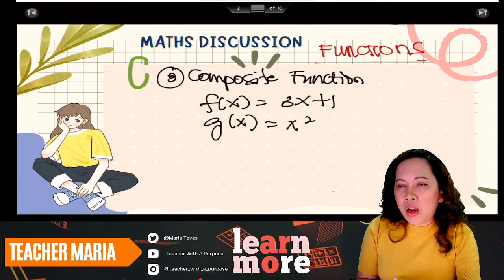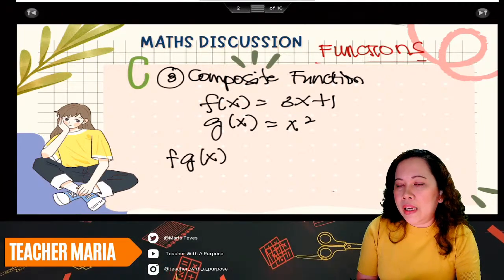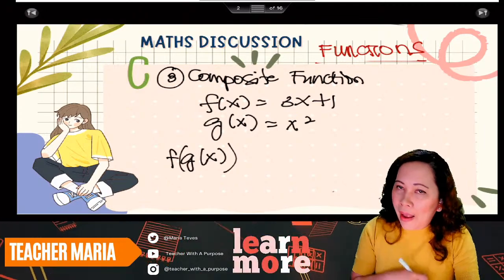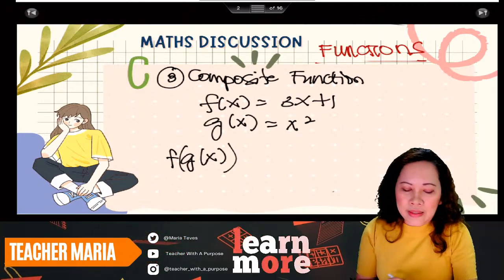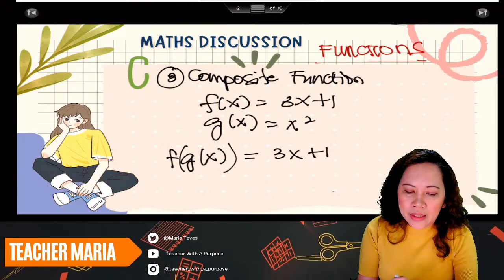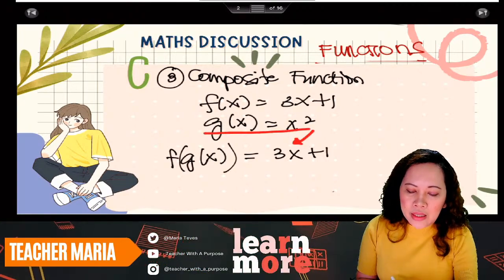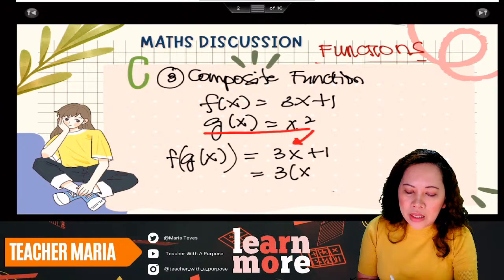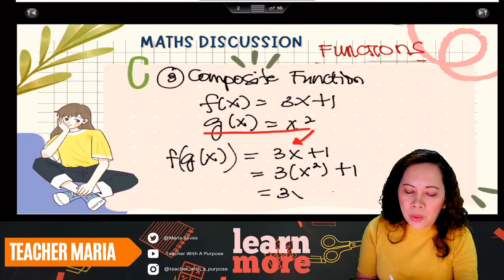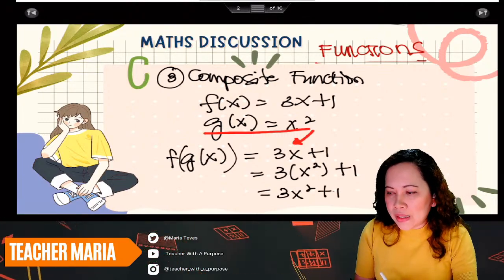So if you have f of g of x, that means that f is composed of g of x. So first you write your f, and then you substitute your x with g of x. So that will be 3 times x squared, because that's g of x, plus 1. So your new composite function is 3x squared plus 1.